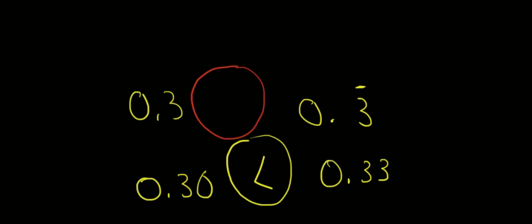Hey guys, look at the way you want to do this. To compare, you want to make sure that however many decimal places are on one side of the problem, you have that many on the other. When you see 0.3 repeating, you know it's 0.33, right?